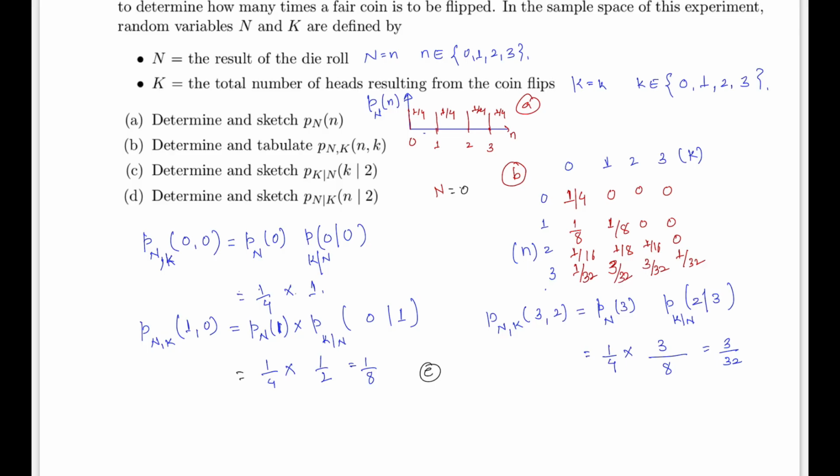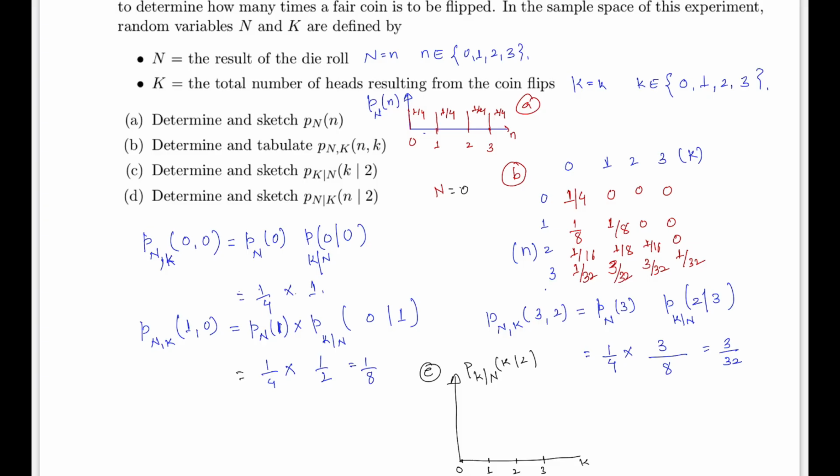Let me directly sketch it. On the y-axis we have the conditional probability of random variable k given that random variable n takes the value 2, and on the x-axis k can take the value 0, 1, 2 and 3.